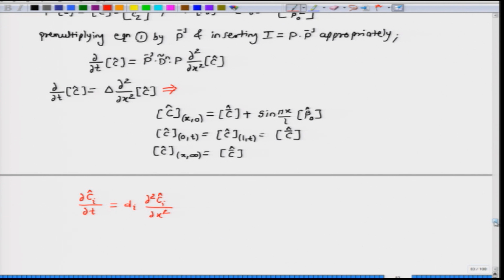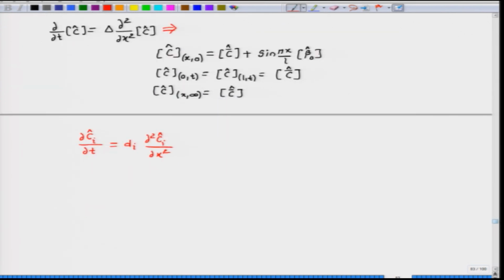Similarly, if we write the initial and boundary conditions in terms of the individual components, we will see that Ci cap at x and 0 should be equal to Ci bar cap plus beta 0i cap sin(πx/L); Ci cap at 0, t should be equal to Ci cap at L, t should be equal to Ci bar cap; and Ci cap at x, infinity should be equal to Ci bar cap.